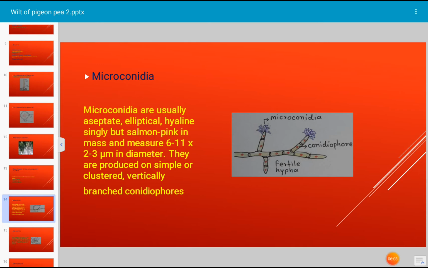The Microconidia are very small, aseptate or single septate, elliptical, hyaline, that is colorless, and generally produced in masses in a group. Each conidium measures 6 to 11 by 2 to 3 micron in size, and they are produced on simple, clustered or vertically branched hyphae.